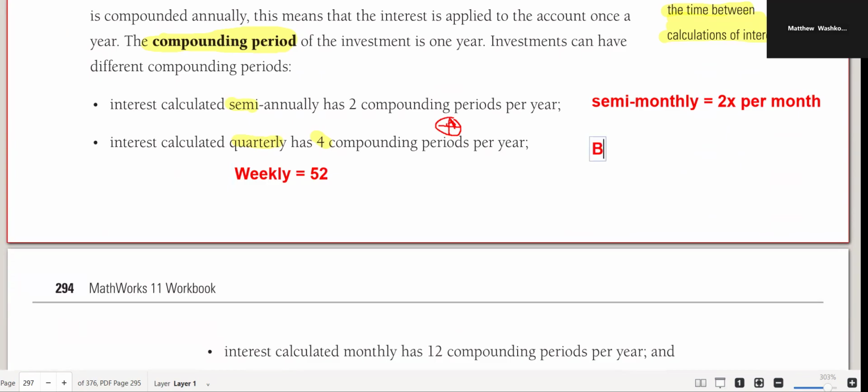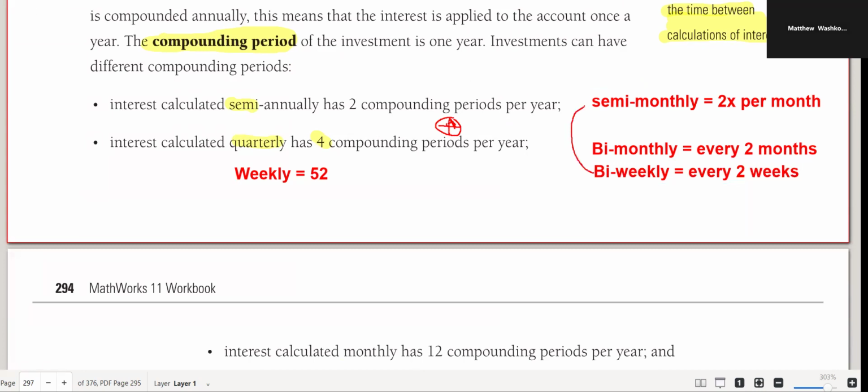Now, if semi means 2 times per, bi means every 2. So semi-monthly is 2 times per month. Bi-monthly is every 2 months. Or maybe I do bi-weekly. Well, that's every 2 weeks, right?